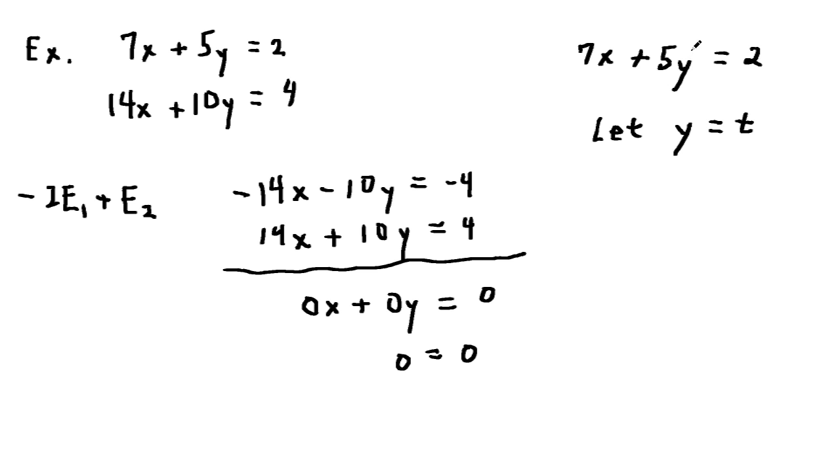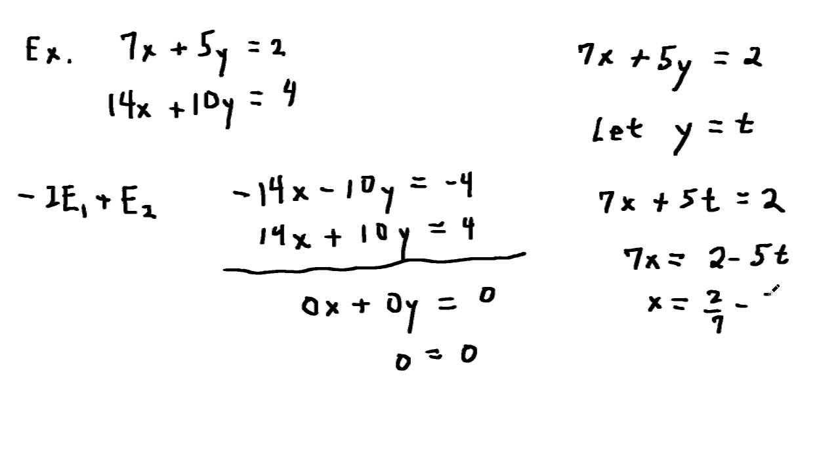Let's plug that in for y here and then solve for x. 7x plus 5t equals 2. Let's bring that 5t over to the other side, divide both sides by 7. And this is what I get. So the set of all solutions is going to be the set of all pairs x and y.